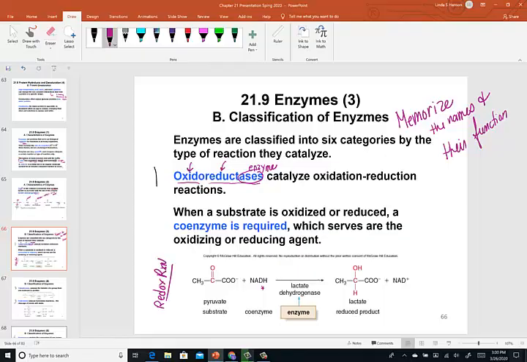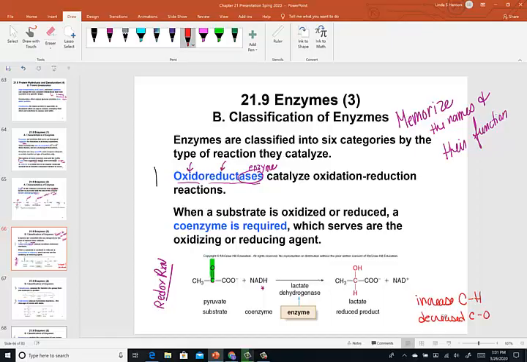Notice here that we have a COO and a carbonyl carbon here. In the presence of this enzyme, a dehydrogenase, we're going to increase the number of C to H bonds and decrease the number of C to O bonds.